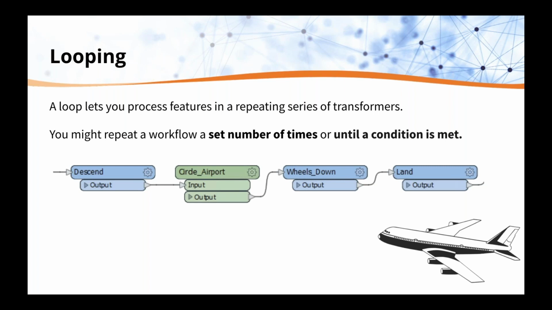You could also set this up so that the plane has to pass through this loop exactly 7 times before it lands. Or in this case, moves on to the next part of the translation, which would be the wheels down transformer. Either way, I'd highly recommend checking out our past webinar on looping transformers to learn more about this. And we can probably chat about this now or a bit later.